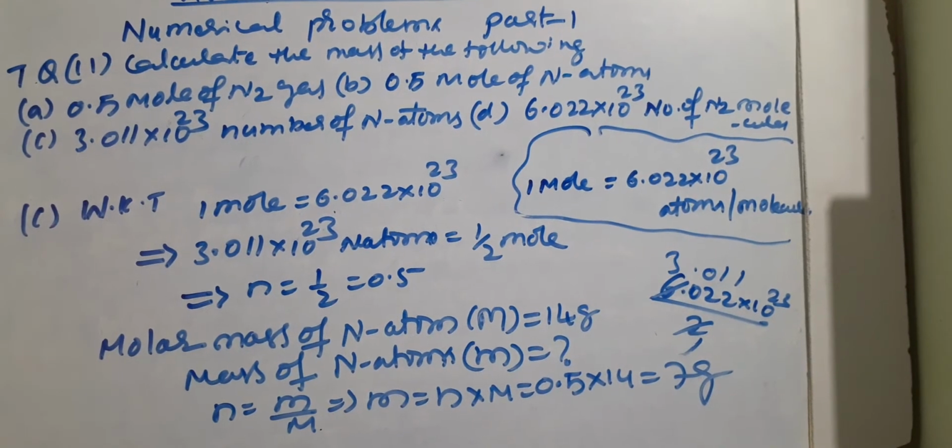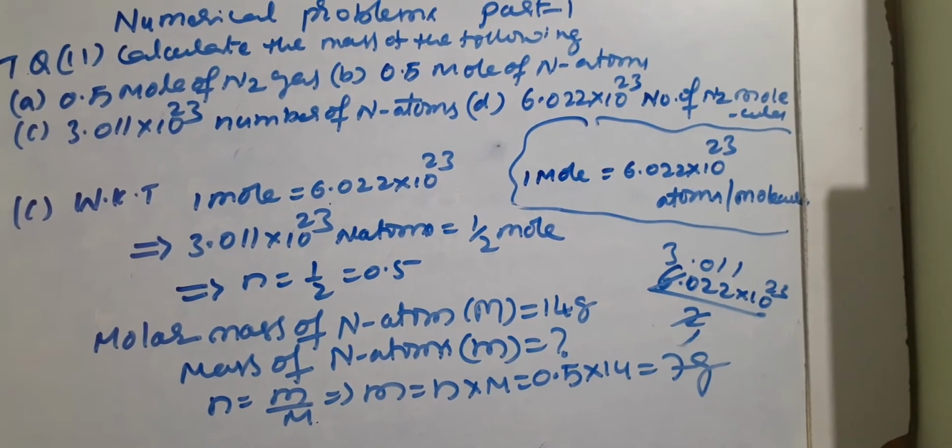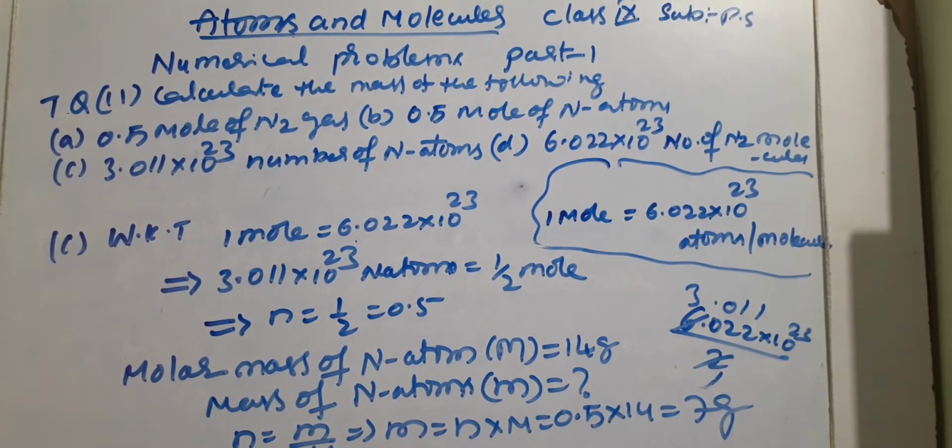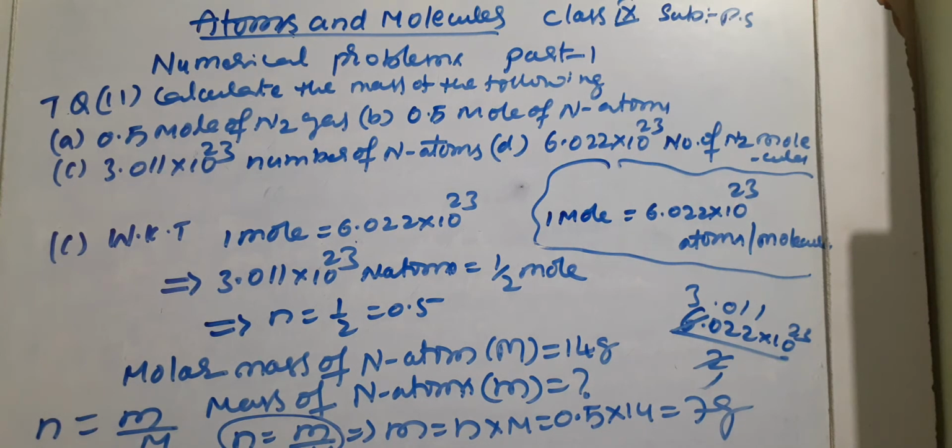So you can see clearly this is n is equal to small m by capital M. So here the formula is n is equal to small m by capital M, that implies small m is equal to n into M. So that is problem number C in question number 11. Children, now D.